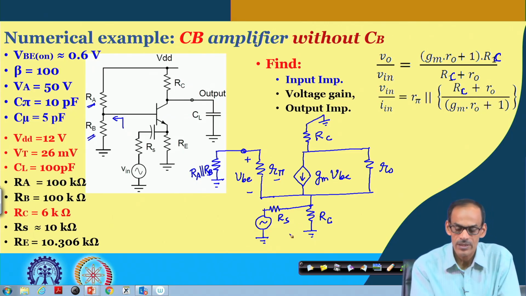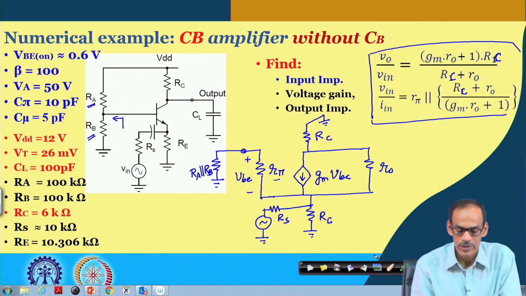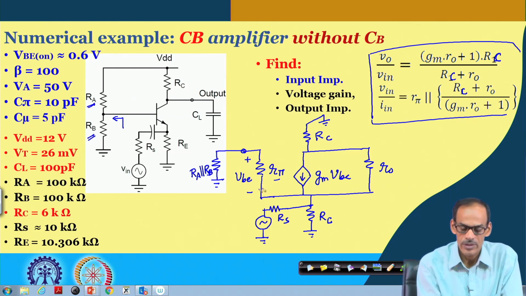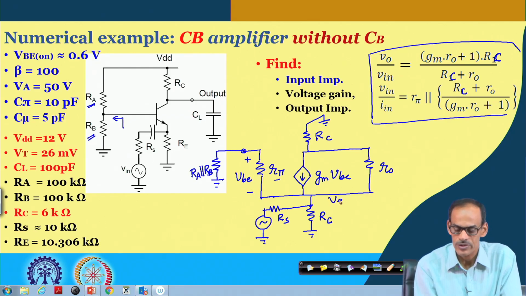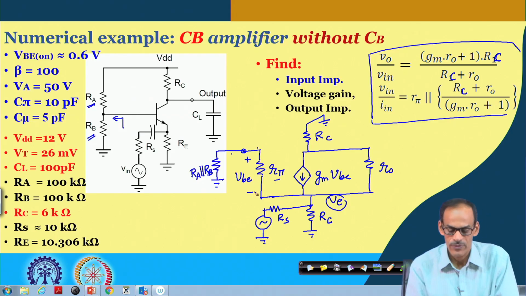Now, as I said, if we consider Cb, then we have this expression, and here the basic difference is that VBE is not the same as the emitter voltage. Earlier, in the presence of Cb, the emitter voltage was the same as minus VBE.